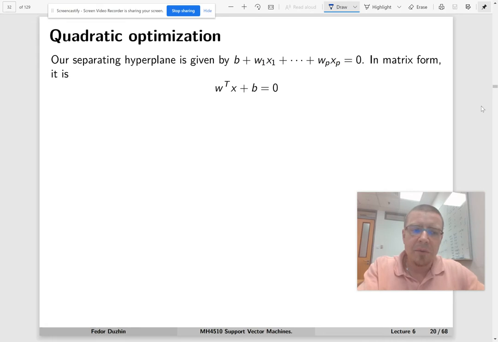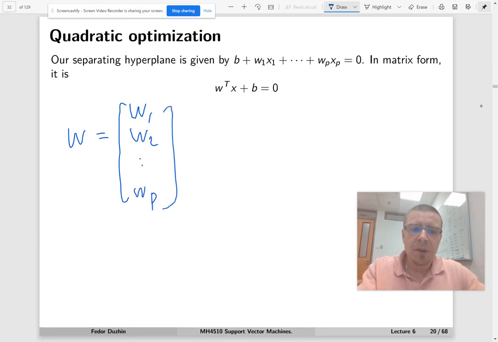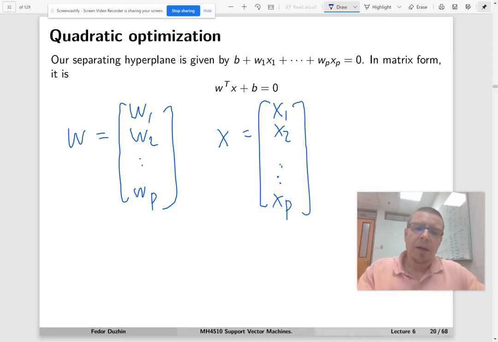Let's say my vector W is a column vector W1, W2, and so on, WP, and my vector X is also a column vector X1, X2, and so on, XP. Then I can rewrite my hyperplane equation in this form: W transpose X plus B equals 0.